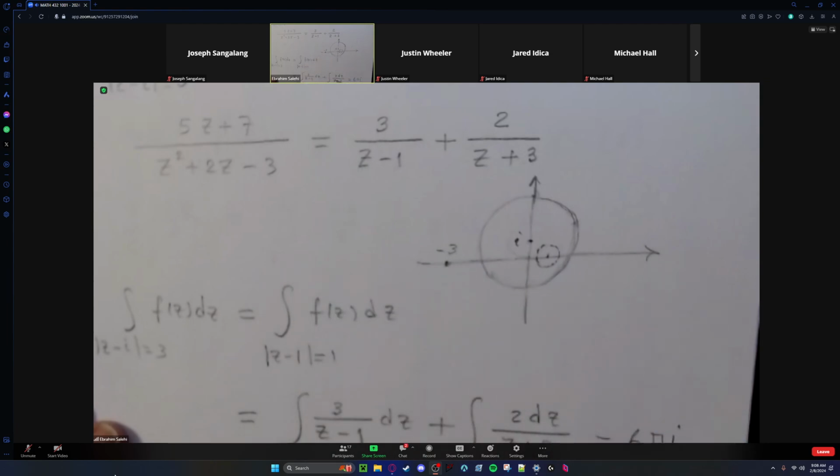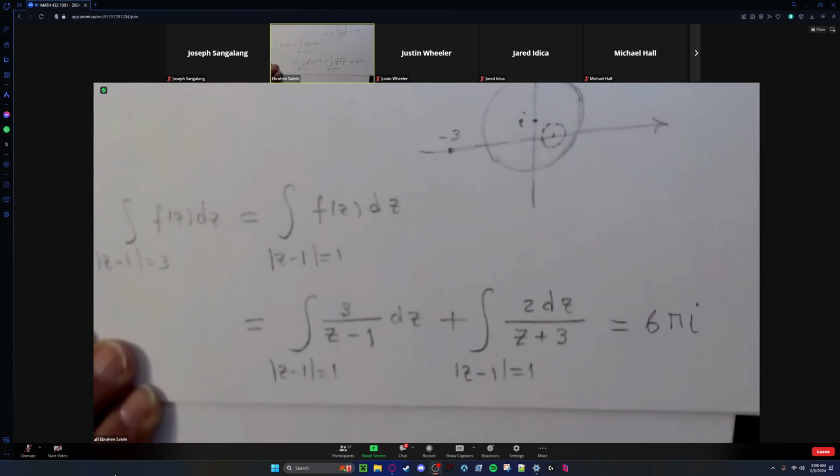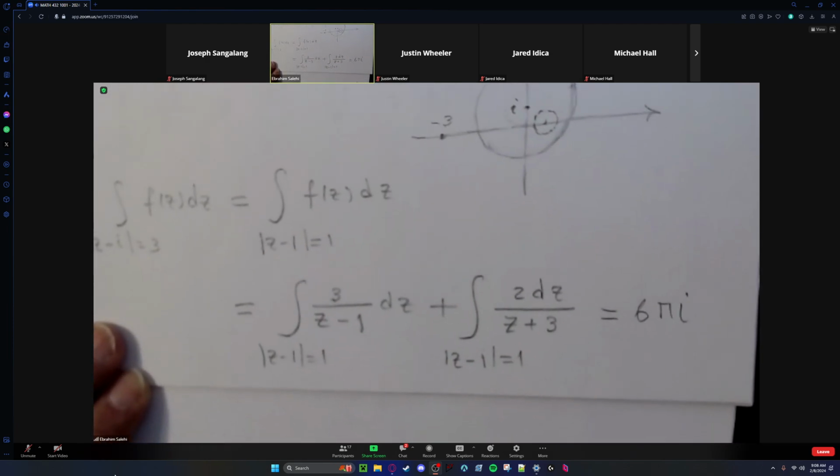So the integral is 0. And for this one, based on what we learned earlier last session, you can bring 3 out, then that one is 2 pi i. So the answer is 6 pi i, okay? 6 pi i. Any question, any comment? No question.